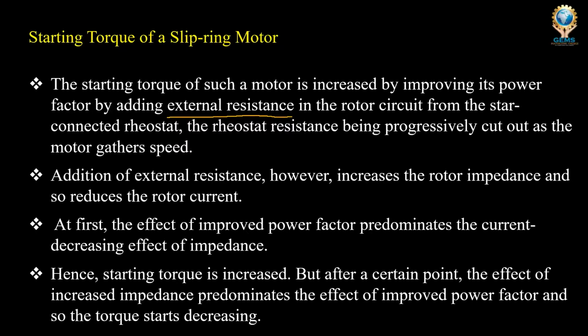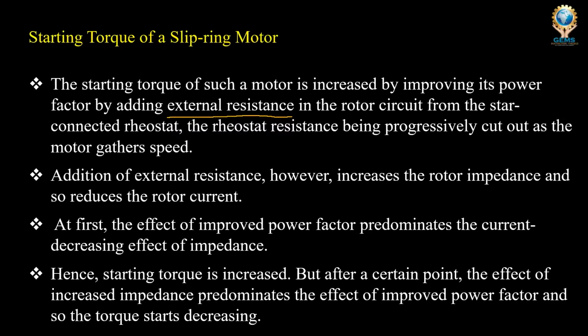This resistance also increases, so it will give the high starting torque. Because of the power factor, it will give the high starting torque. The reason is the resistance is high, so the power factor will be good. So power factor increases, the torque also will increase.